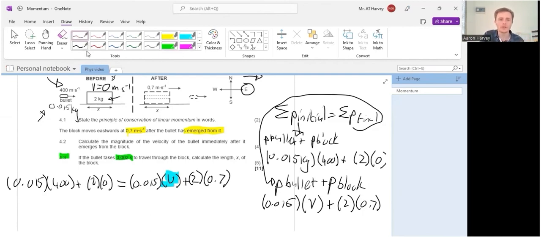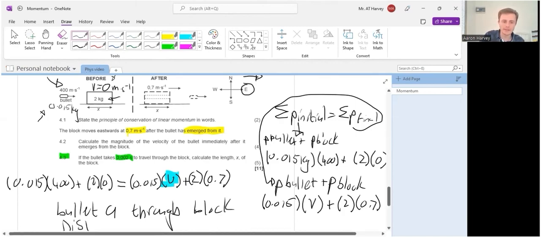And hopefully what you'll realize is that they mentioned that this bullet has a constant acceleration through the block. You are also trying to calculate the distance or the length. Oh, I misspelled length there, but I'm sure you know what I mean. The length of this block.